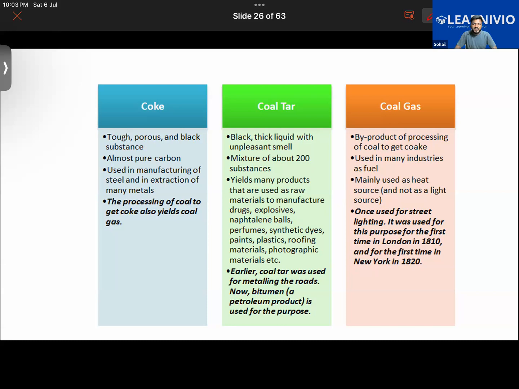You know about iron, right? Iron is used in different things. It is used to make bridges, different machines and machine components, etc. Nowadays we are preferring to use stainless steels also. Why? Because of the addition of carbon, which you get from coke, an almost pure form of carbon.